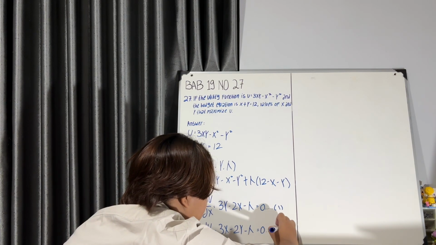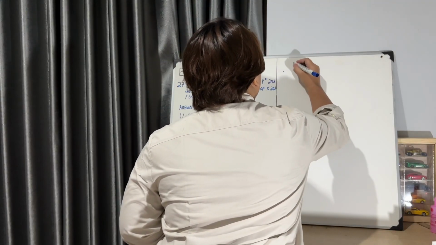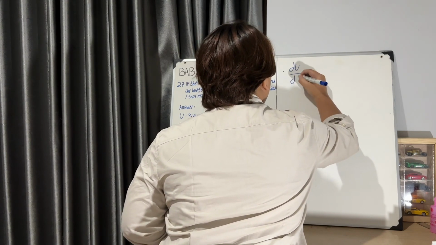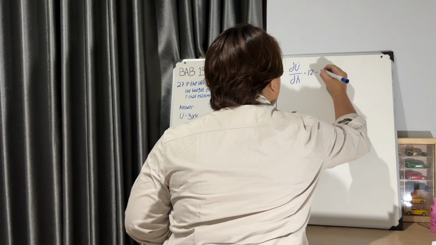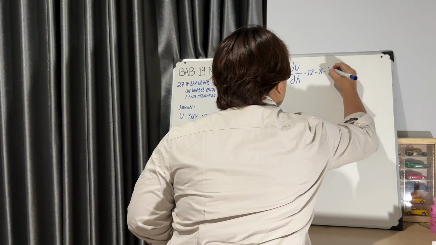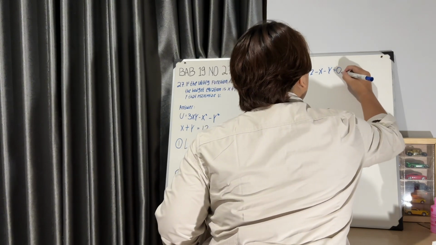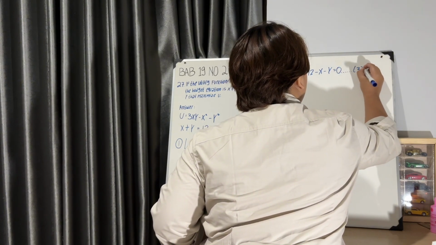This is equation 2. Partial u over partial lambda is 12 minus x minus y equals 0. This is equation 3.